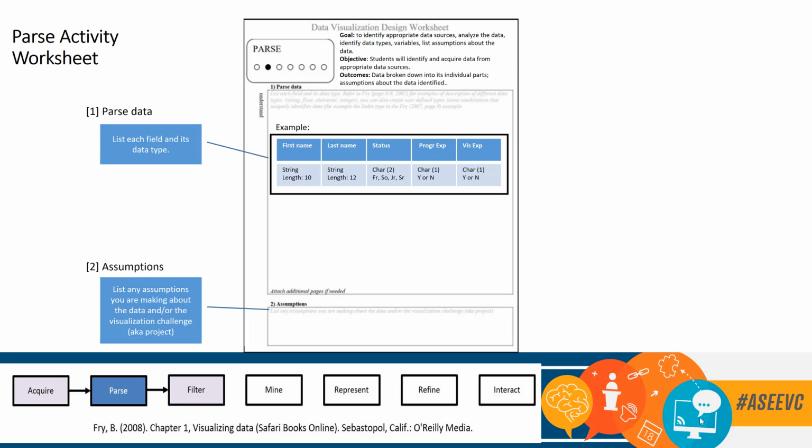The outcomes for this worksheet will be for every element of the data to be broken into its individual parts. The assumptions about the data are also articulated. Output from the parse stage serves as input to the filter stage, as seen in the lower part of this slide.